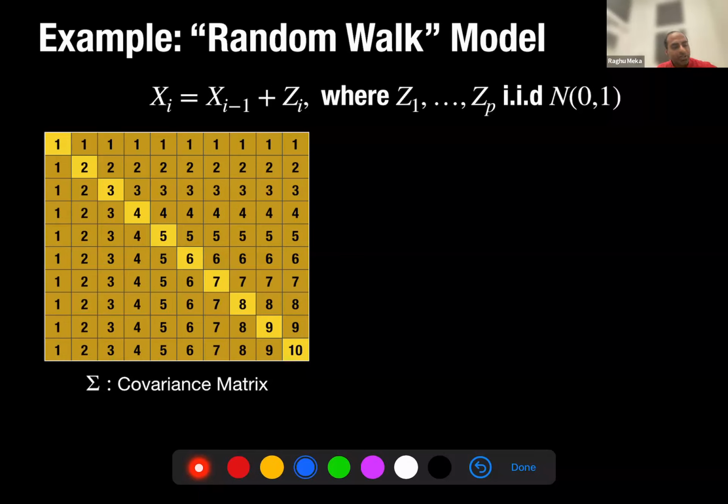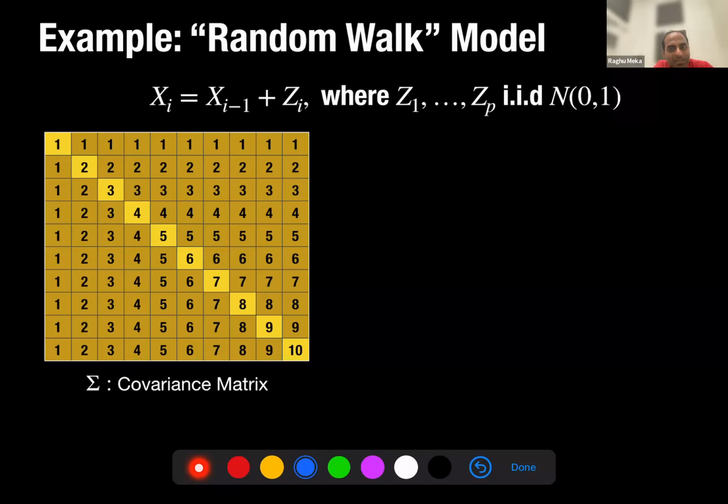And first, let me describe, let's focus on a concrete example so that we have something in mind. So the example that I want to focus on is a random walk model. This is basically time series. So we have some time series data, right?